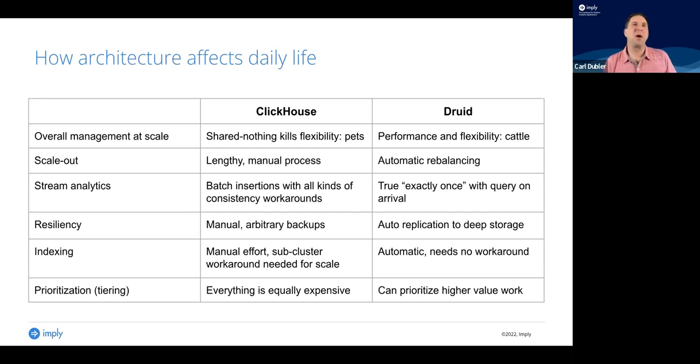And this, by the way, is not necessarily a dig at ClickHouse. What I'm talking about are actually problems that you'd have with any shared nothing cluster. It's not just ClickHouse. It would be any other database out there that's using a shared nothing cluster.